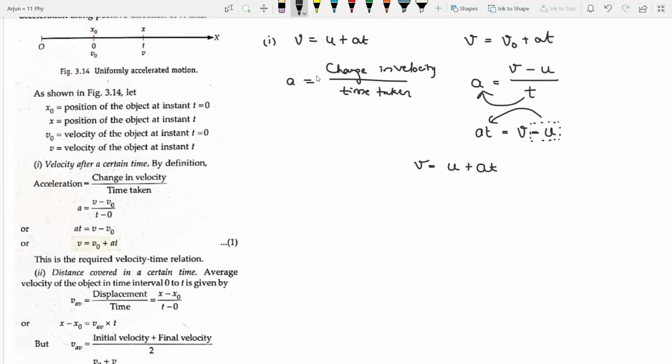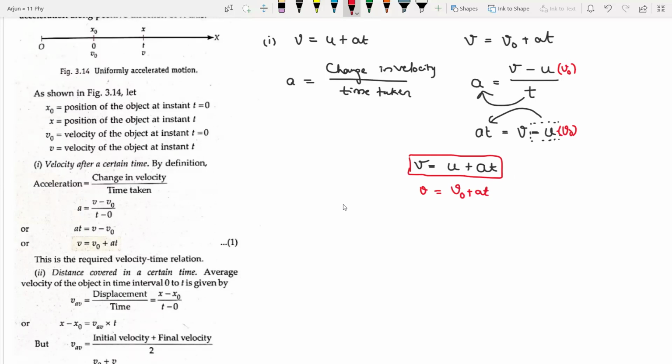So v is equal to u plus at. That is the derivation for the first equation of motion. Instead of u, you can make it v naught also. It becomes v minus v naught, which gives v is equal to v naught plus at. Like that you can derive.